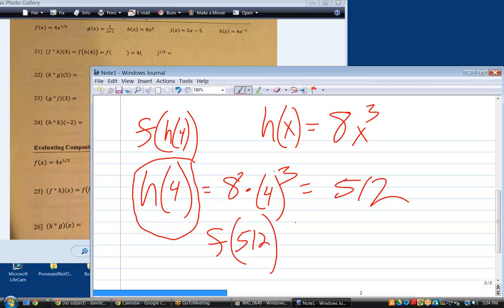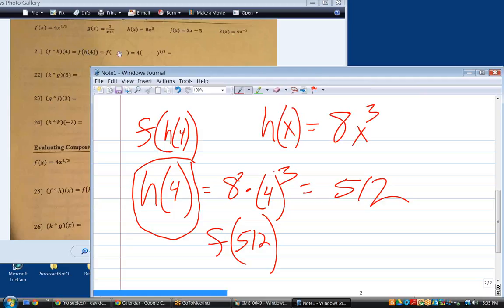Well, but where does something equal 8? I'm confused. Where did you get the 8 from? This function up here, h of x. There's 5 functions up there. So when they say what is f of h of 4, it's f of h of 4, and we want to start from the inside and work our way out.